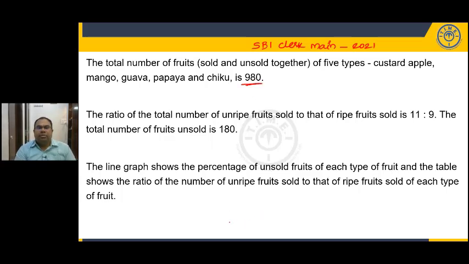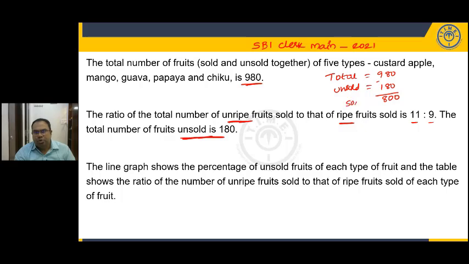Second statement: the total number of unripe fruits sold to that of ripe fruits sold. Among the fruits that were sold, unripe to ripe is in the ratio 11:9. Total number of fruits unsold is 180. That means of 980 total fruits, 180 are unsold, so 800 were sold, in the ratio of 11:9. 11 is unripe and 9 is ripe.